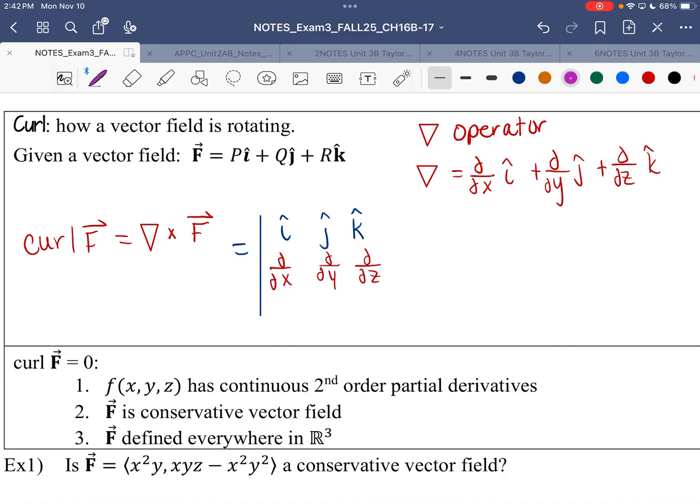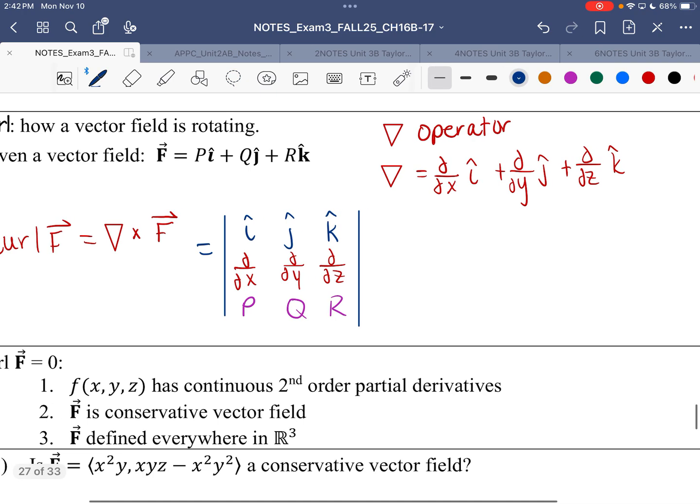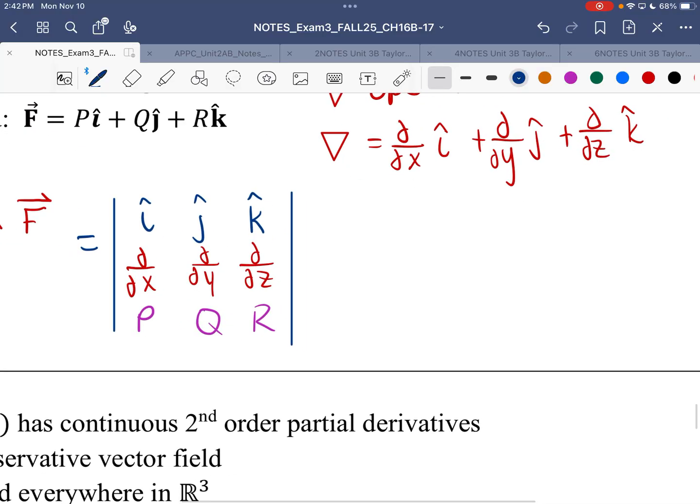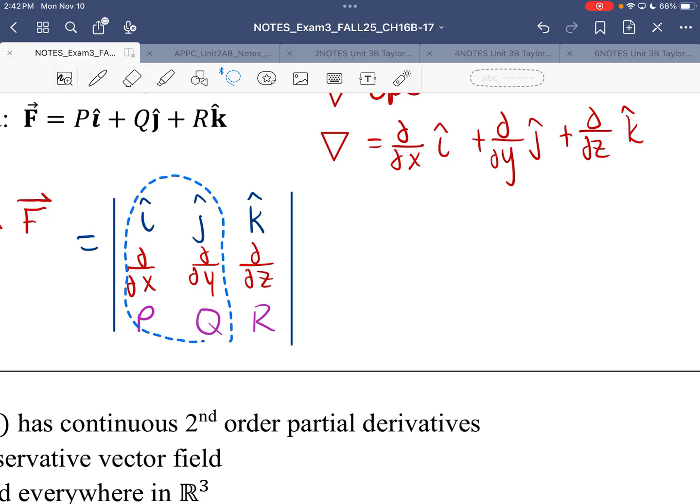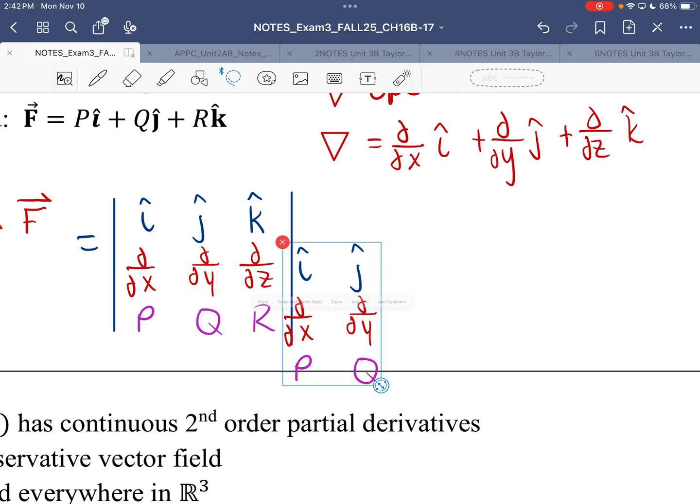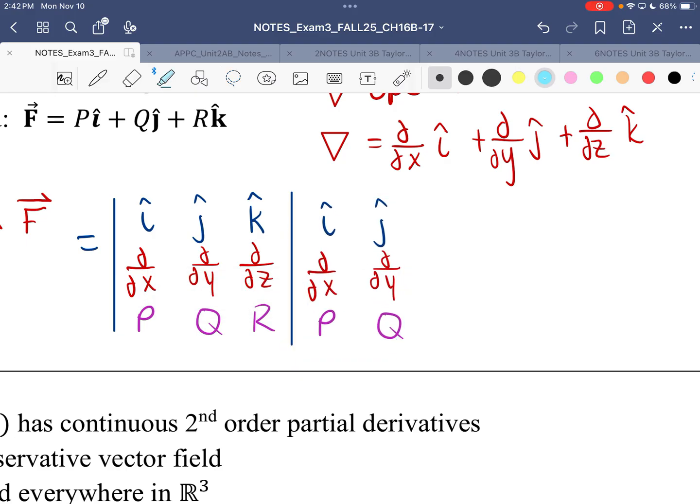So F is a vector comprised of P, Q, and R. So when you do this, again, you can copy and paste the first two columns. It's easier when there are actual numbers to do it too, but what you're going to be doing is multiplying.